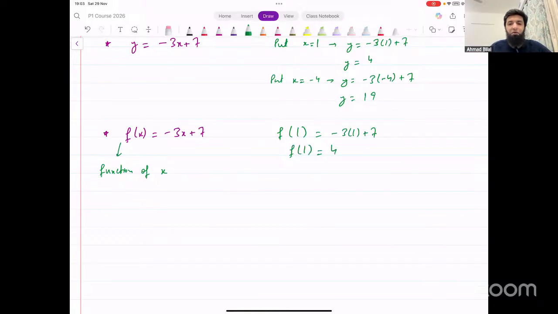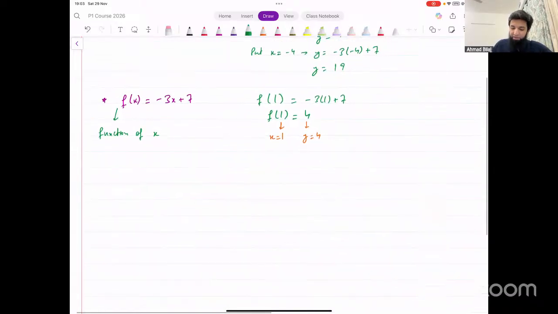What this means is when the value of x is equal to 1, the function value, which is the y value, is equal to 4. Similarly, if I say, let's evaluate f of minus 4, what does that mean? Wherever you have x in this function, you replace that with minus 4. So that gives you minus 3 into minus 4 plus 7, and that's 12 plus 7, which is 19.